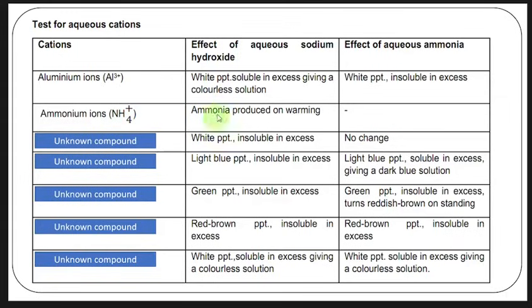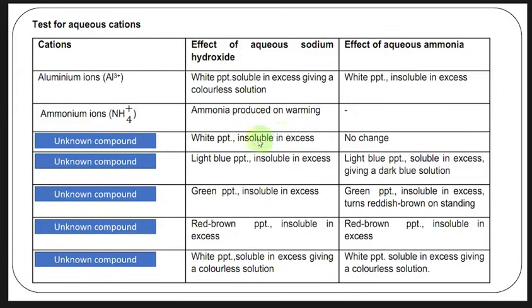Again, similarly, if you add a few drops of aqueous sodium hydroxide to the compound and a white precipitate is formed, then to the same portion you continue adding excess sodium hydroxide, and after adding excess, that white precipitate is insoluble, or it remains undissolved.